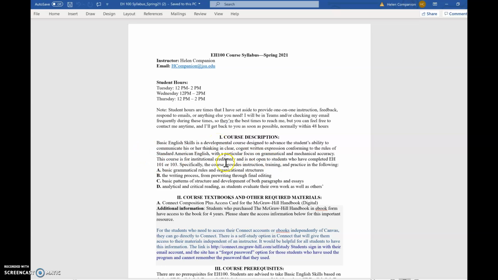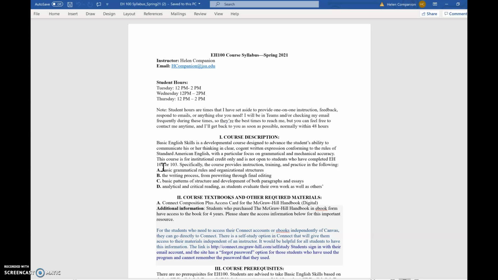This is a developmental course designed to advance the student's ability to communicate in clear, cogent, written expression conforming to the rules of standard American English with a particular focus on grammatical and mechanical accuracy. What that means is we're working on helping you to communicate effectively and clearly in written form, and to make sure that your grammar is correct.